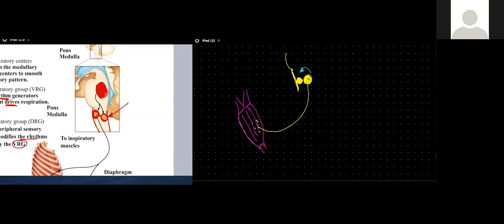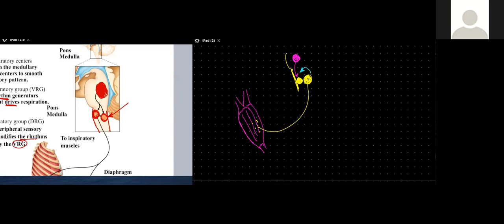And those signals will be modified to maintain a smooth pattern of breathing by the pontine center. So again, we have three centers here in the brain stem that are regulating the breathing.